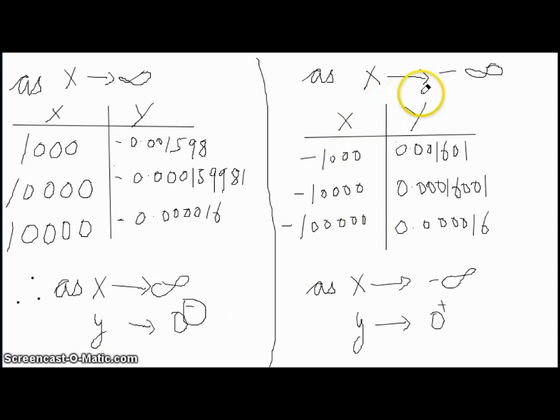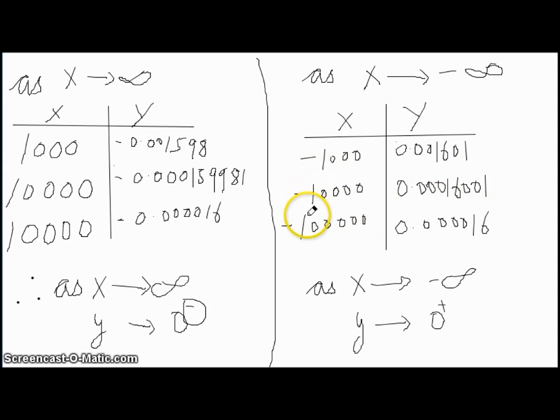As x approaches negative infinity, these numbers tell us that x is going to negative infinity. As x is -1000, y is positive 0.001601.